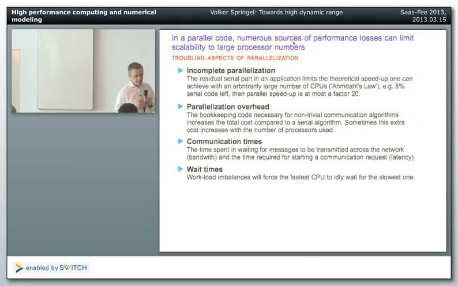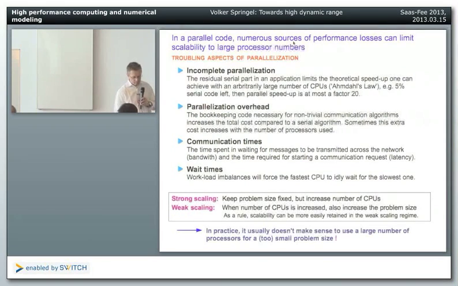And actually these wait times, in my codes, are usually the dominant thing which limits the scalability, the incomplete workload balance. And I will discuss later a bit more why it is so difficult to do this perfectly well.